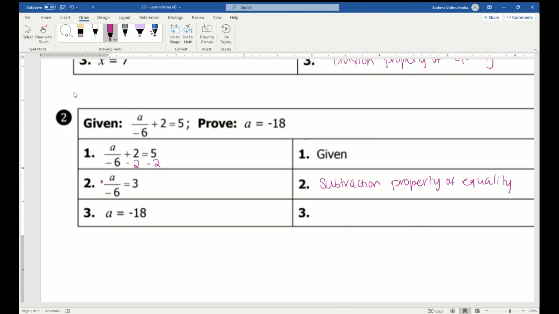And then to go from 2 to 3, you multiplied both sides by -6, which is the multiplication property of equality.